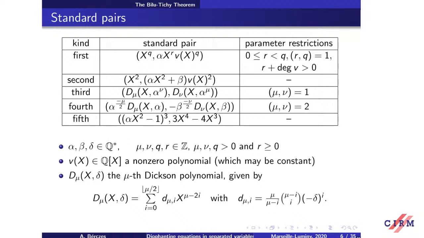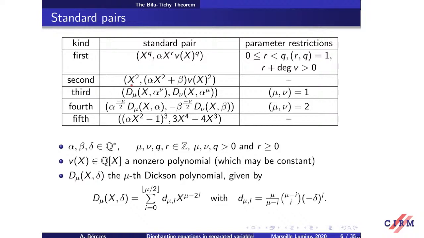And there are the possible pairs for g and f, or f and g, of course. Interchanging the order doesn't make any difference. So there are five types of polynomials. The first type looks like x to the power q and a product afterwards.